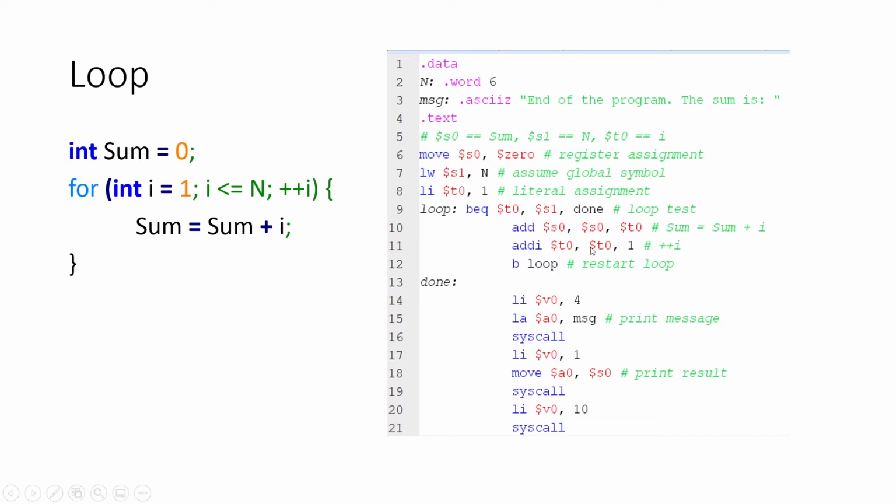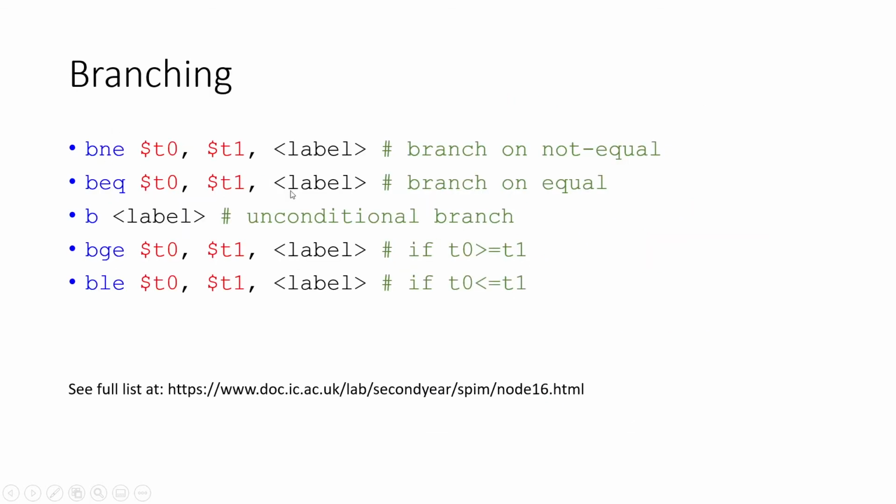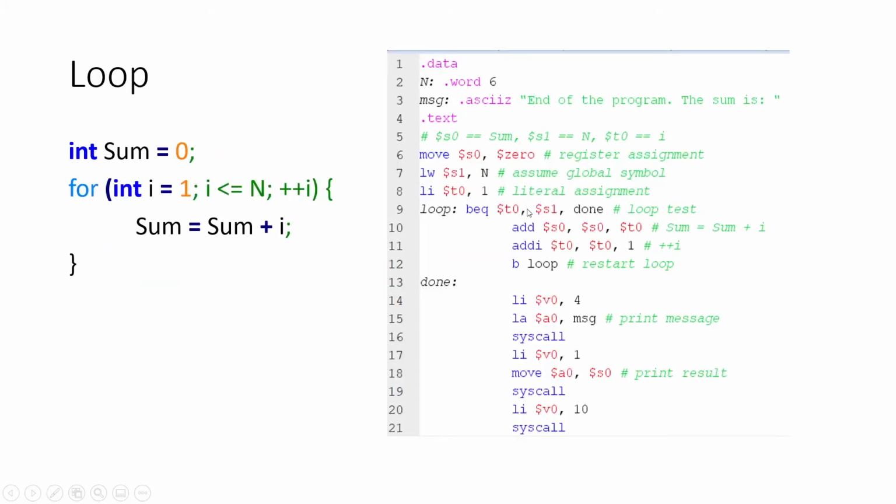Now inside our loop, what's happening? First we're going to check the condition. BEQ means the branch on equal. So we're checking if T0 is equal to S1. If it's equal, then we're going to jump to done. But if it's not equal, we're going to do this part: S0 equals S0 plus T0.